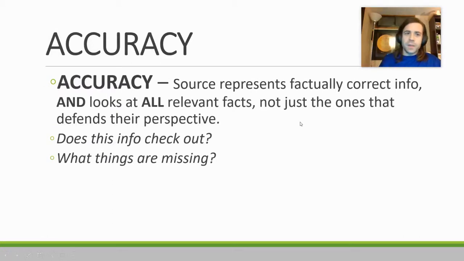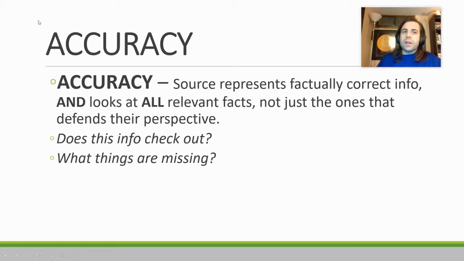And then our last one is called accuracy. And really, what we're looking at for accuracy is just, do they have information presented? Do they have sources? Do those sources look legit? And are they trying to represent all sides or one side?